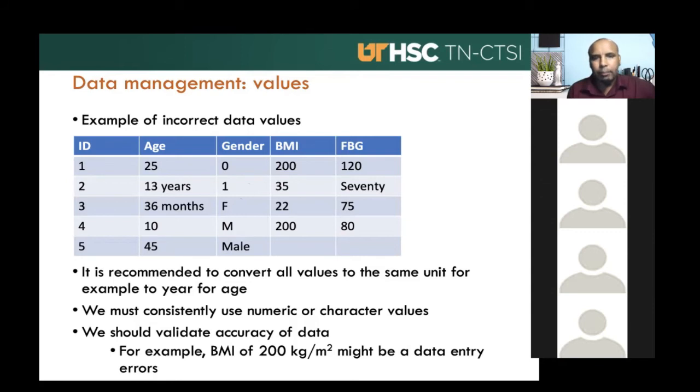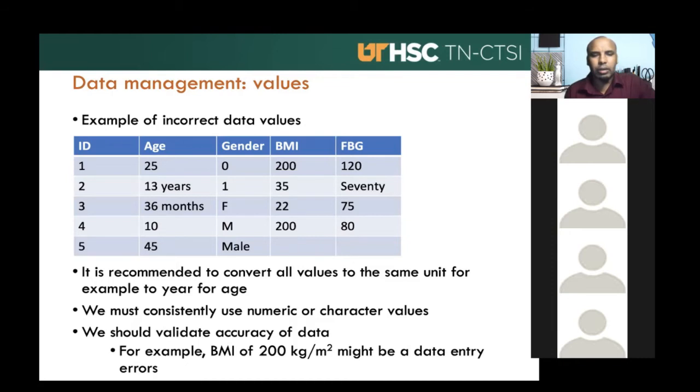Under the BMI, there is a BMI of 200, which is unlikely. It's very high. So unless the data is coming from an outlier, we have to make sure the data are correctly entered, and we have to validate that.